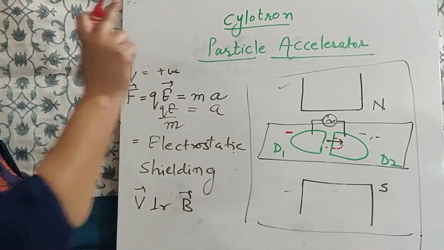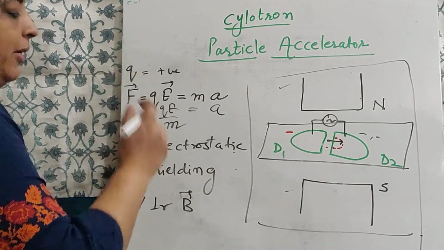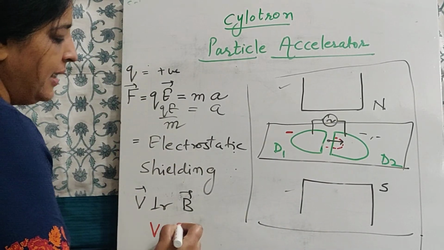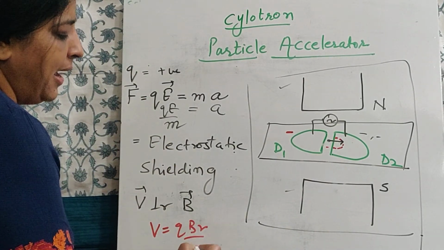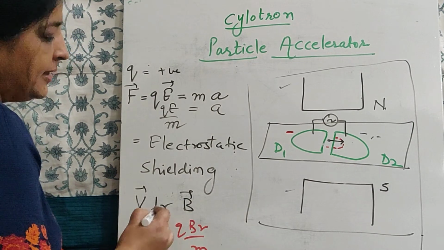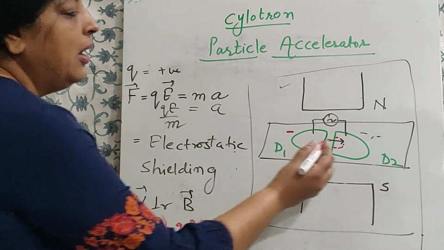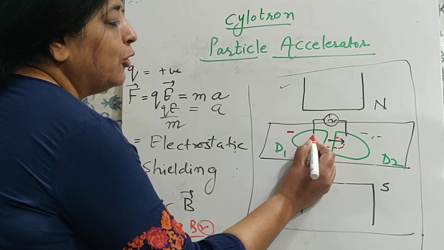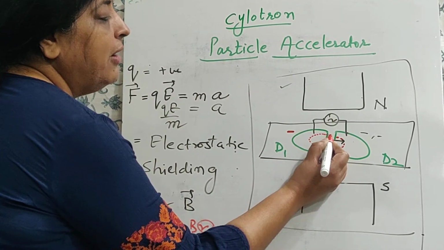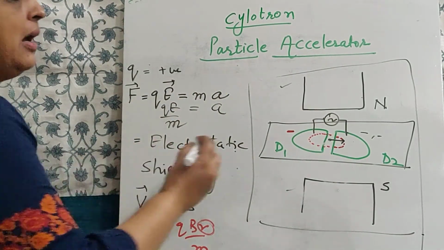More acceleration means greater velocity. We have already learned in the previous video, V is equal to QBR by M, which means if velocity is more, the radius of the path will be more. So this will move in a path of greater radius. Again it will come over here. Again it will come over here.